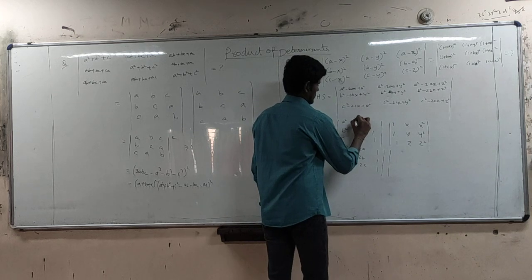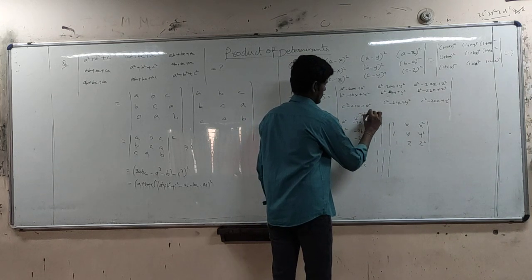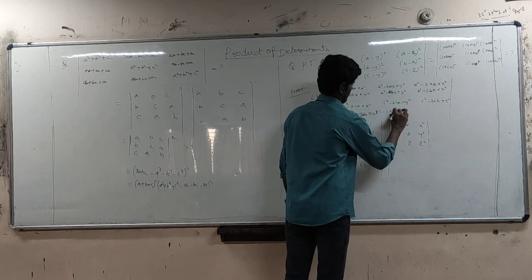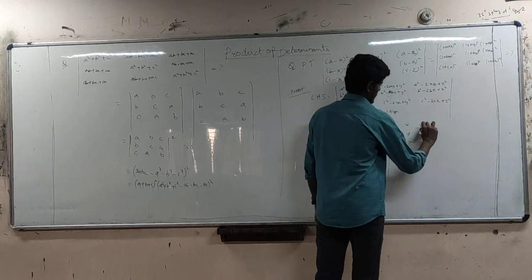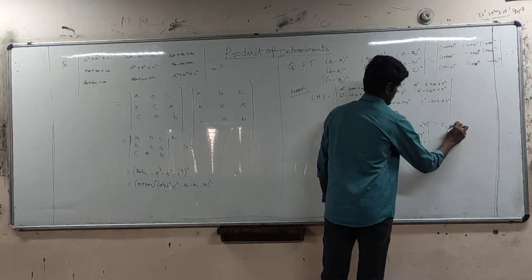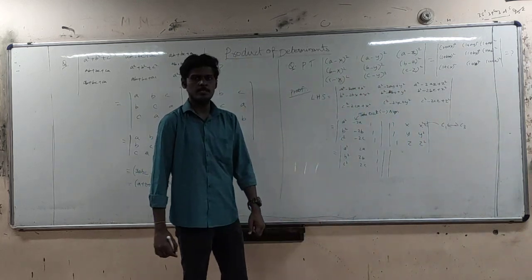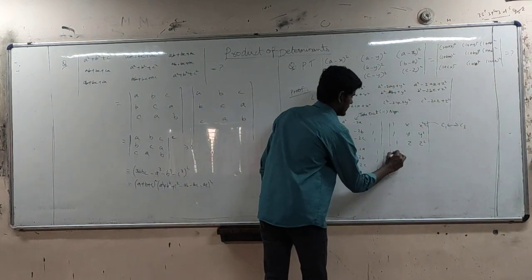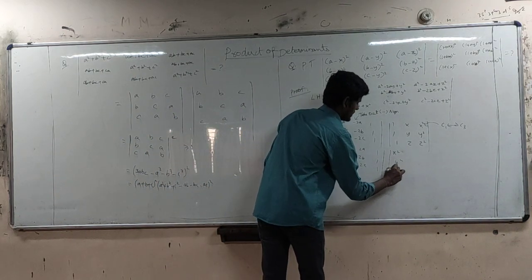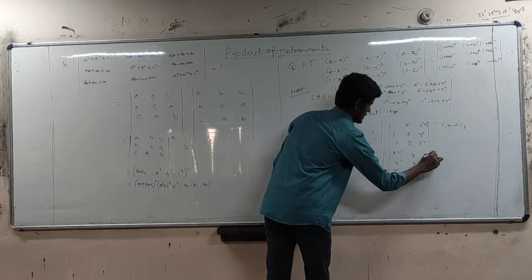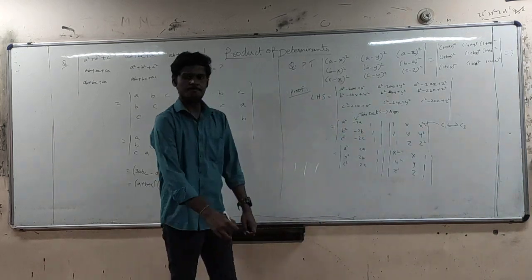Take out the minus sign, and in this C1 and C3 are interchanged. So I am writing x square, y square, z square. x square is a 1 number.